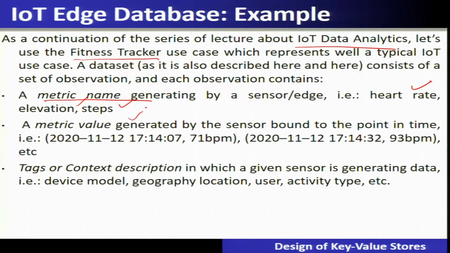These metric values generated by the sensor are bound to a point in time. Therefore, timestamps are also to be attached to this fitness tracker generated data set. Now, the tags and the context description in which a given sensor is generating the data, such as device model, geographic location, user, activity type, are also to be included by these IoT devices.